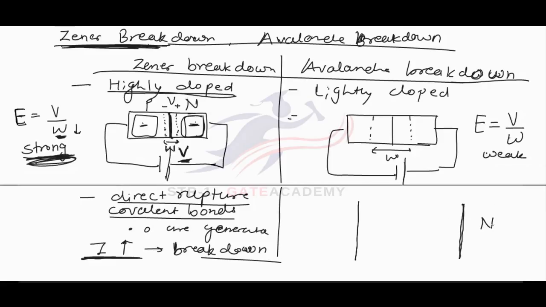for example, this is n-type region and this is p-type region, and this is depletion layer. If some electron travels into the depletion layer, there may be a possibility that this electron collides with any atom.